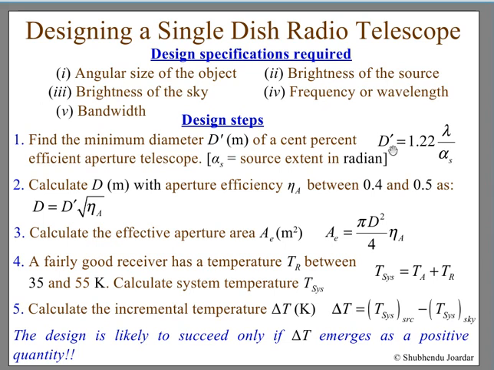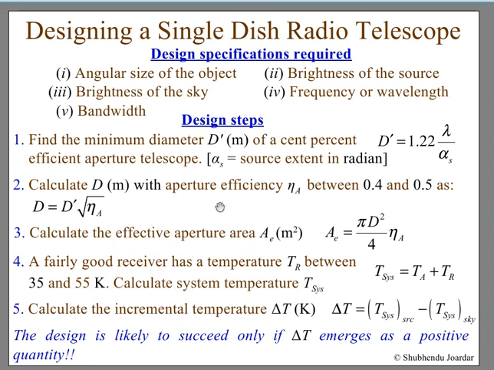That is given by this formula, and this alpha s is the extent of the source in radians. So you calculate the diameter of the dish. Now calculate D with aperture efficiency between 0.4 and 0.5, using this aperture efficiency on the diameter you got.